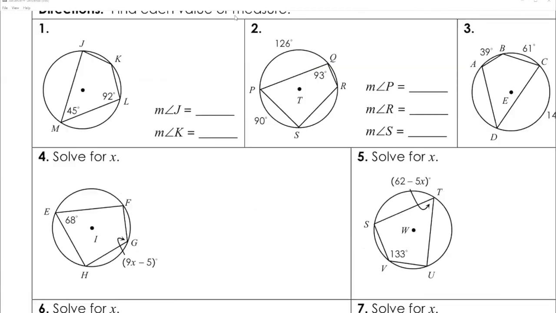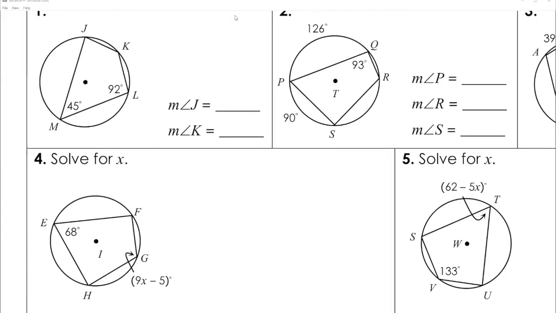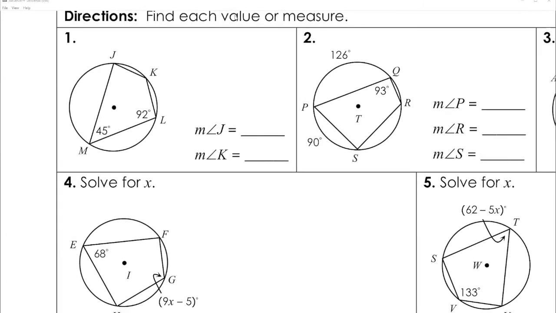So number 1, angle J and angle K. Right. So we know J and its opposite L are equal to 180. And then K and its opposite M are equal to 180. We do know angle L is 92.